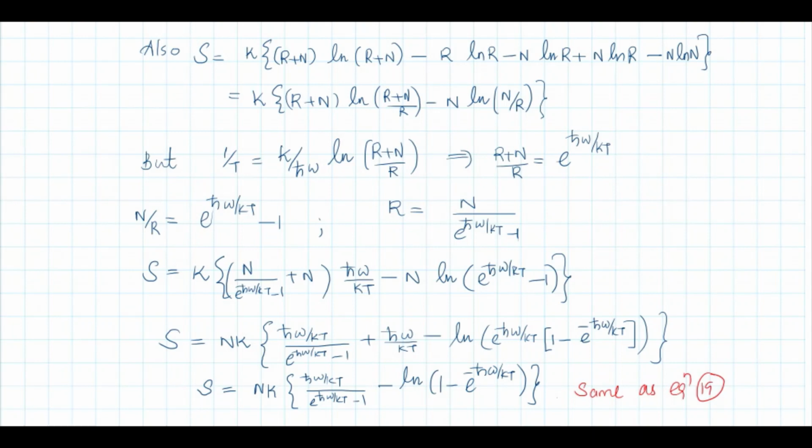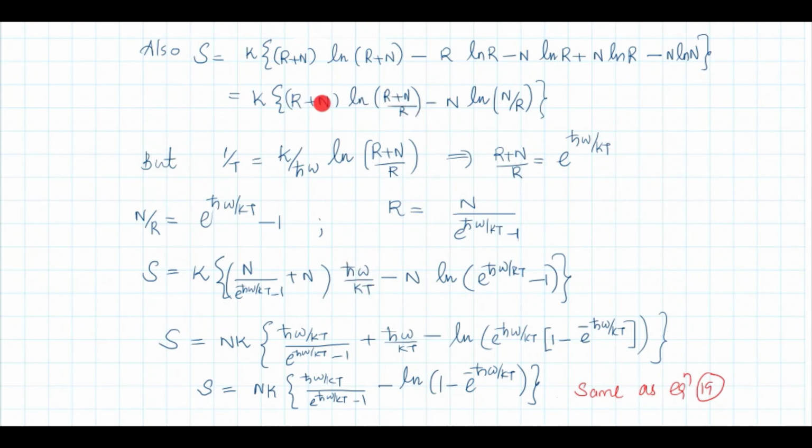Then this minus r log r minus n log r combined, you can write it as minus of (r + n) log r. And that term combined with the first term will give you (r + n) log (r + n) by r, minus the last two terms, you can write it as minus n log n by r. Why? Because we have 1 by T as k by ħω log (r + n) by r. Now you have log (r + n) by r, so you can substitute it as ħω by kT. In place of this logarithm, you can write ħω by kT.